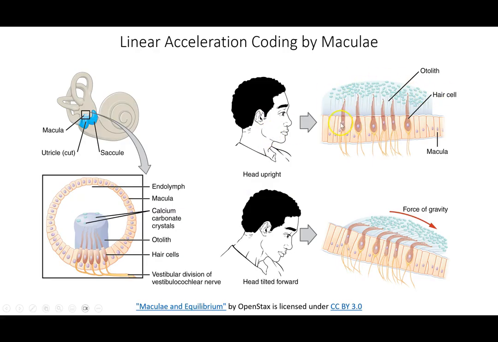So the head's upright, these are all sticking straight up as you can see, and then when you tilt the head forward, the force of gravity is going to put pressure on that otolith, which will transfer to those cilia, and those will transfer down to the rest of the cell and out the nerves down here. All right, so again, this mechanical movement is getting transduced into electrical impulses.